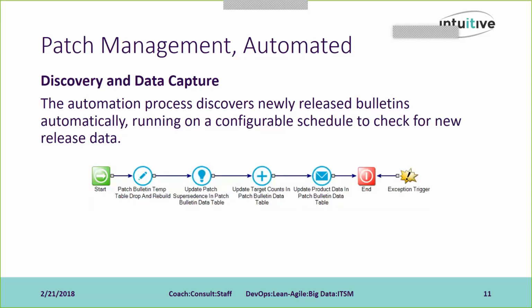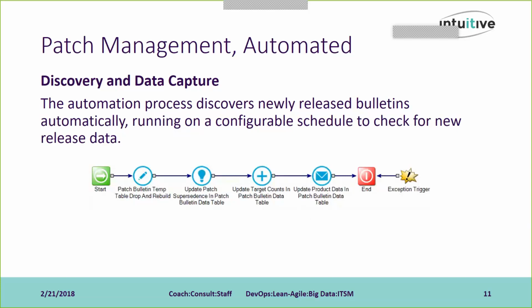Leveraging a custom database table, the project flattens and then saves the patch data from the Symantec database in order to facilitate and better tolerate frequent queries. We don't want to be hitting the Symantec database with these complex queries as often as we want to check for new bulletins.